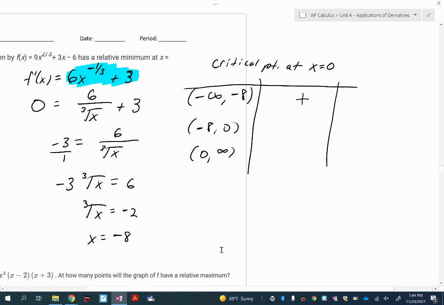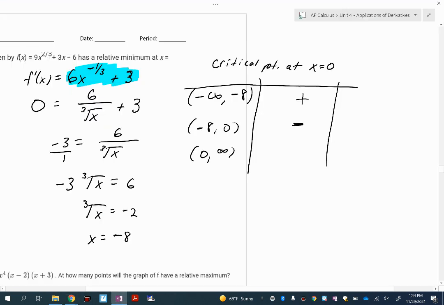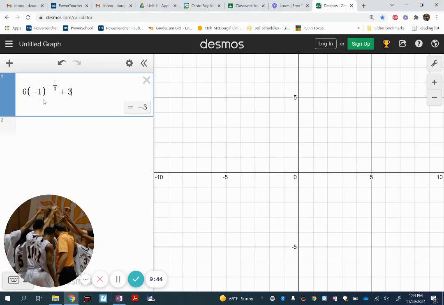Plugging in negative 1, doing the same thing, gives me a negative. And plugging in positive 1 gives me a positive.